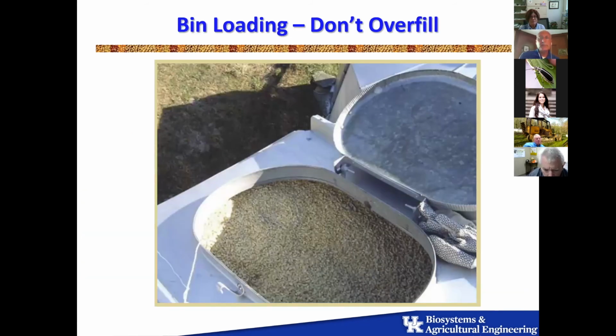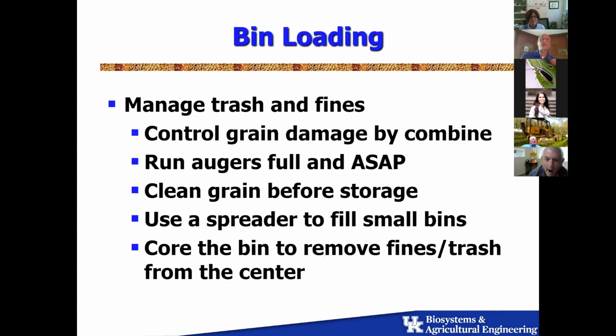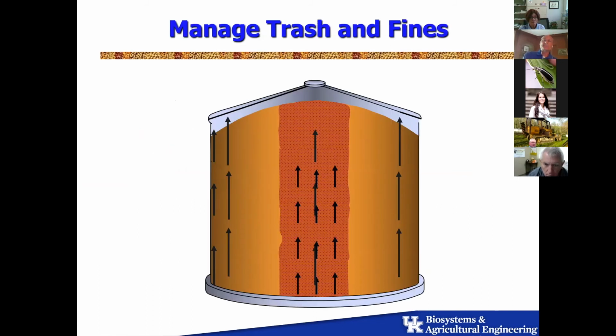On the loading piece, we want to be sure not to overload the bin, which is certainly going to interfere with airflow in a drying system or aeration system. We want to manage the trash and fines, which is impacted by the way the grain bin is loaded, and how we can help mitigate that a little bit is to core the bin.